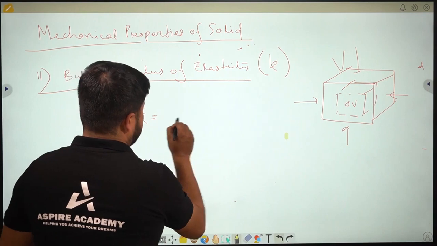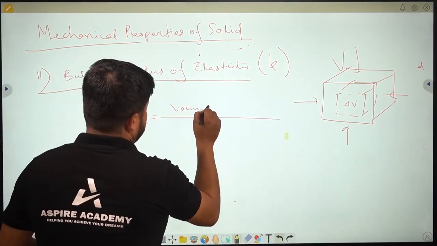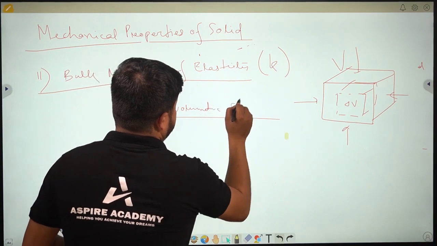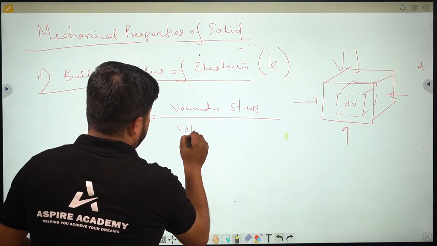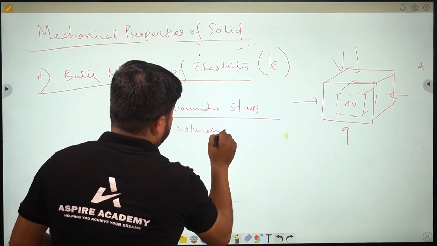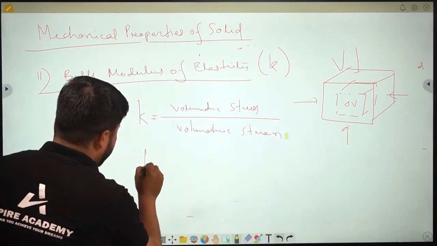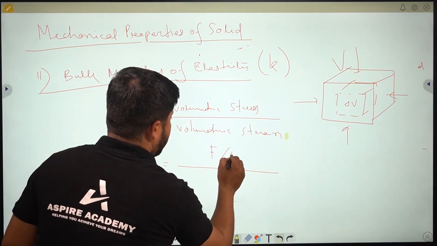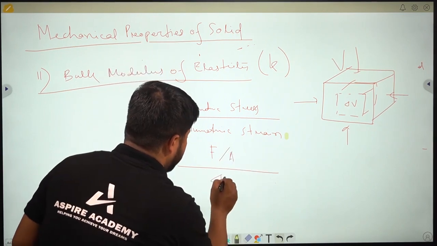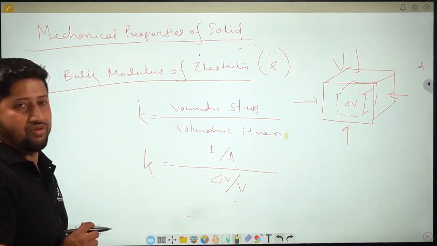Kappa is equal to volumetric stress divided by volumetric strain. We already know stress is equal to force by area, and strain is equal to del V by V. But here we introduce one negative sign.